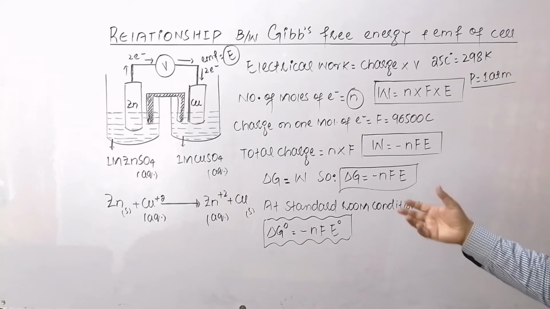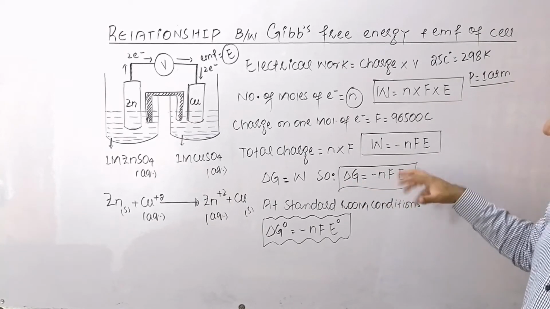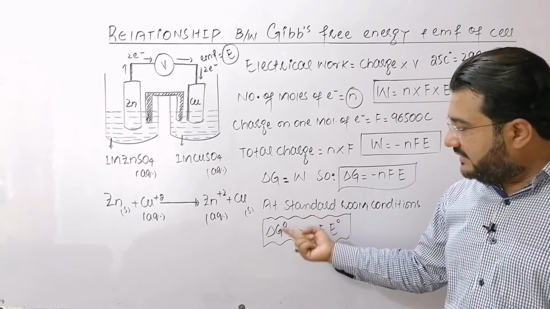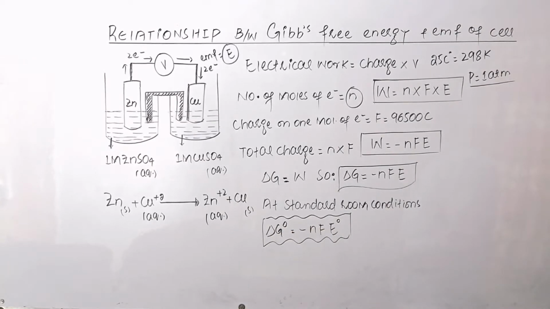So this one is the relation between the Gibbs free energy change and EMF of the cell under any condition, and this one is the relationship between the standard Gibbs free energy change and the standard EMF or the standard cell potential.